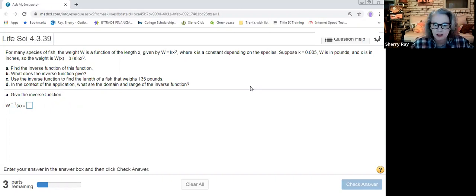Where W equals K times x cubed. And anyway, it gives us the function W of x is 0.005 x cubed. The first question asks us to find the inverse function.